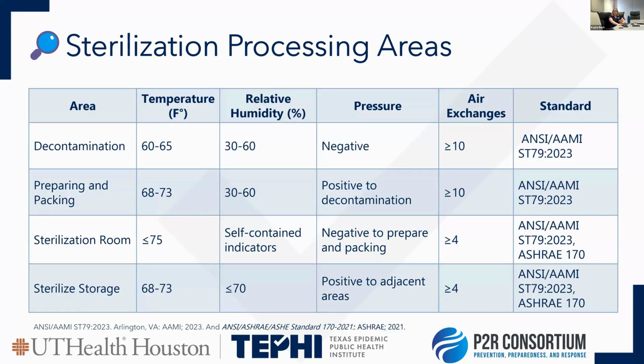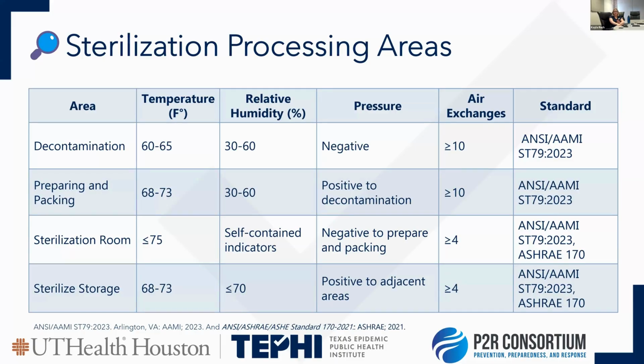Under multiple AAMI and ASHRAE regulations, temperature, relative humidity, pressure, and air exchange are different within these areas. So you're held to these specific standards. Always double check, if you're in an older building, what specific standards and building code you have to follow.